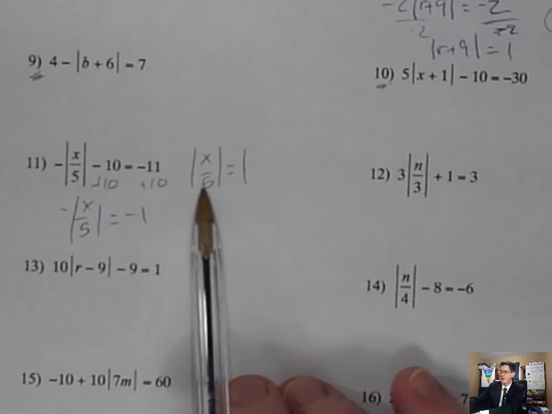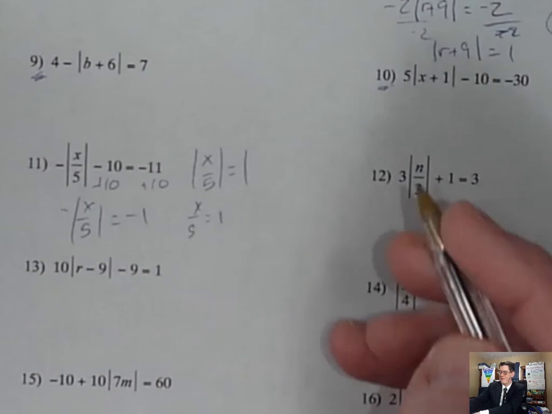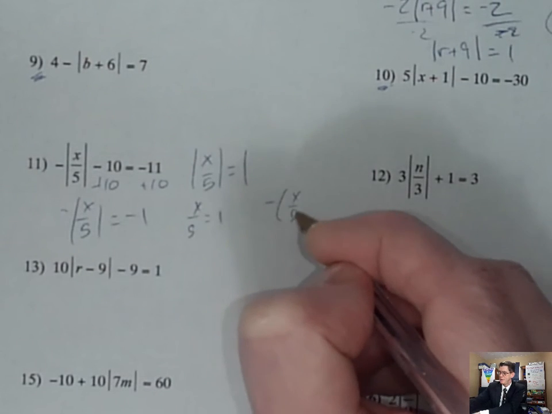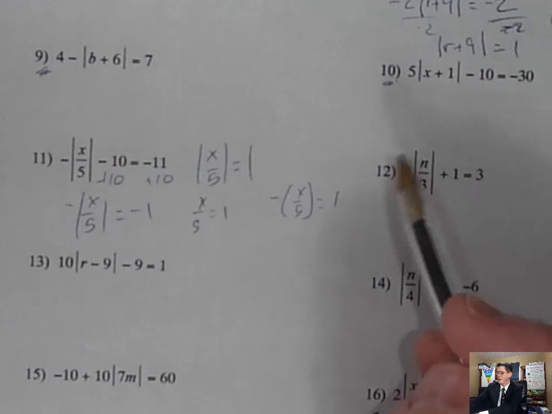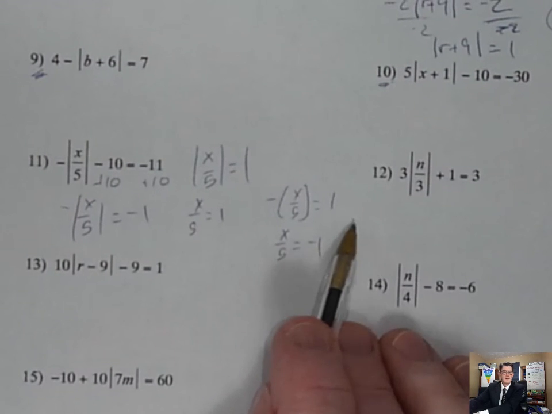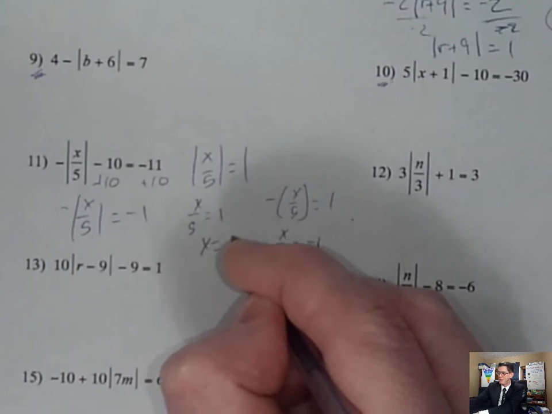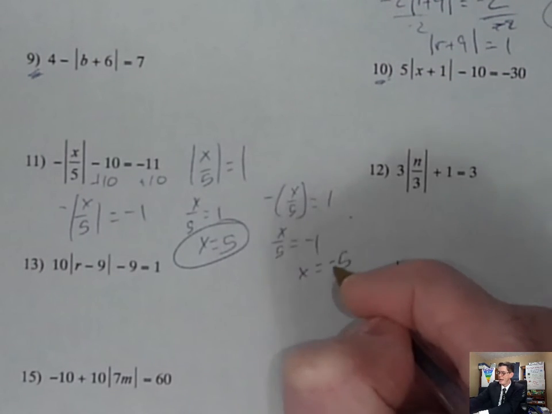You can set this equal to 1 now, or the negative of that is 1. Either of those could be inside that absolute value. So you move the negative over, divide by negative 1, and one of these two is the answer. Times this by 5, so x can be 5. Times this by 5, so x can be negative 5.